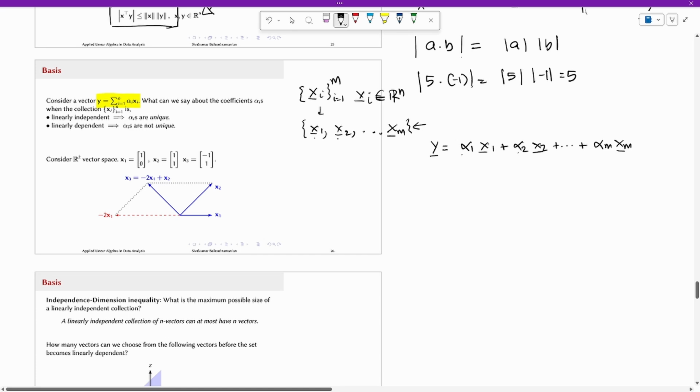It turns out that the answer depends on whether or not the original set that you started with was linearly independent. That means there is no redundancy in the original set.